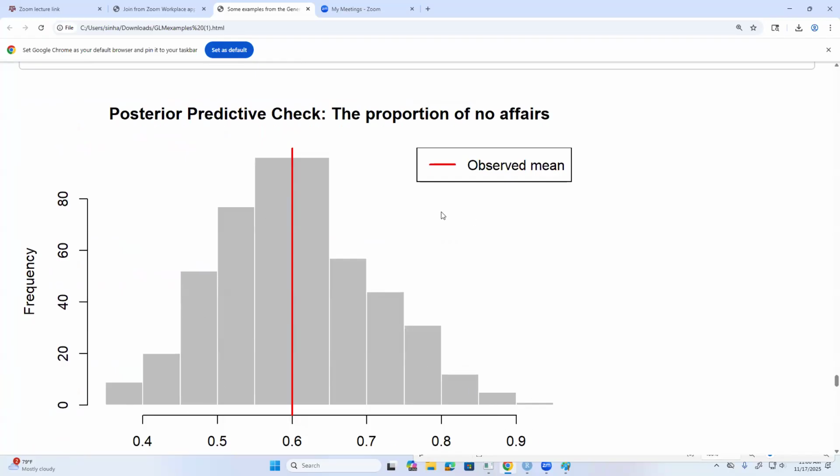And for our observed data, the proportion of zeros was 0.6. This is right here at the center, which is a very good indication that we do not have strong evidence against this model. So we are doing it for our negative binomial model.